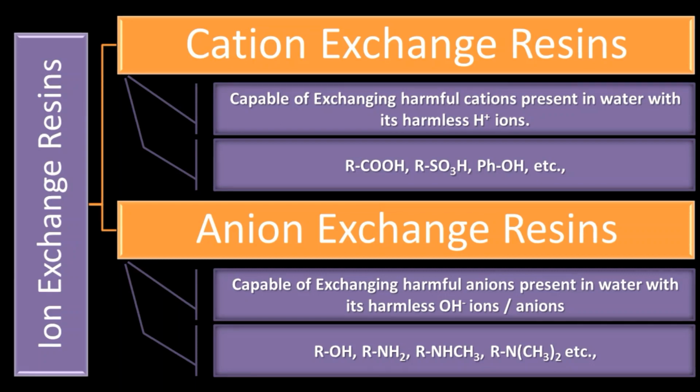Anion exchange resins contain functional groups like ROH, RNH2, quaternary ammonium salts, etc. But usually it is convenient to use an anion exchange resin containing OH minus ions. Hence, the byproduct will be very safe. Otherwise, we can get some other products which have to be removed continuously. So this is about ion exchange resins.